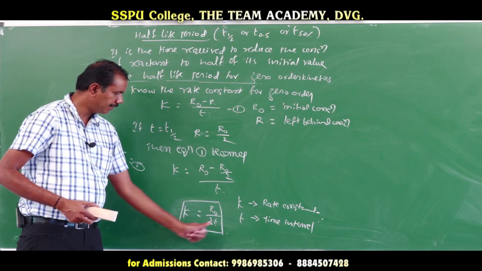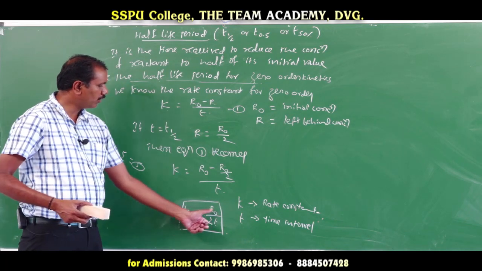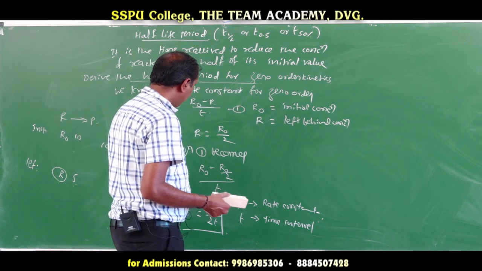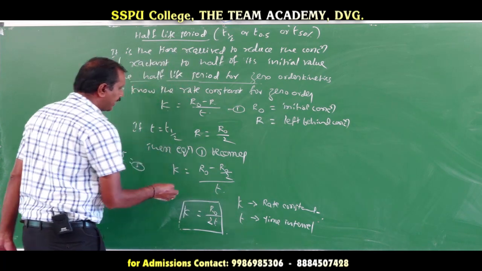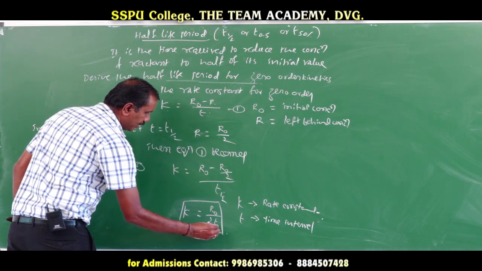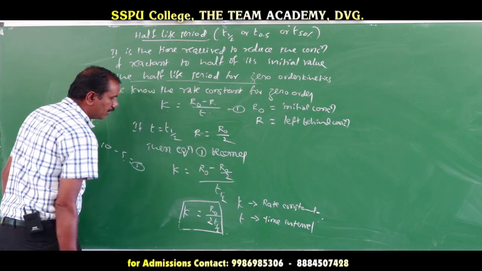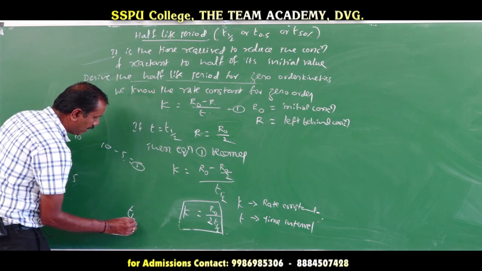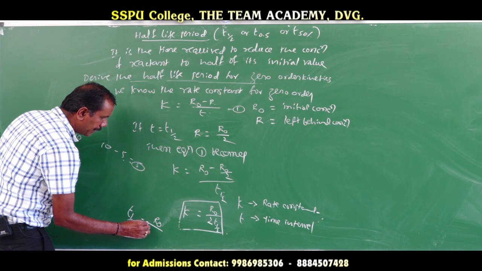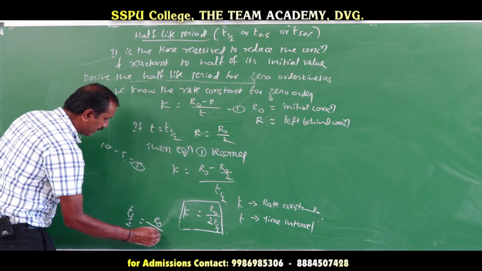Where K equals R naught by 2t, t becomes t half, so we may write it as 2 into t half, or t half equals R naught by 2K.